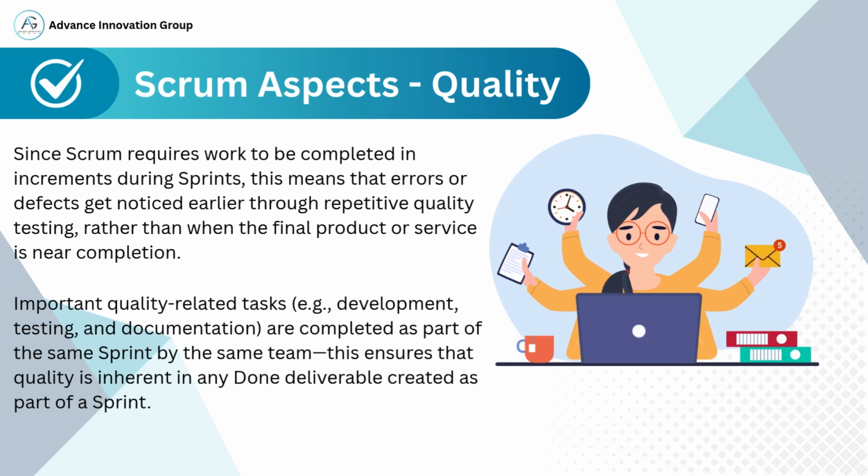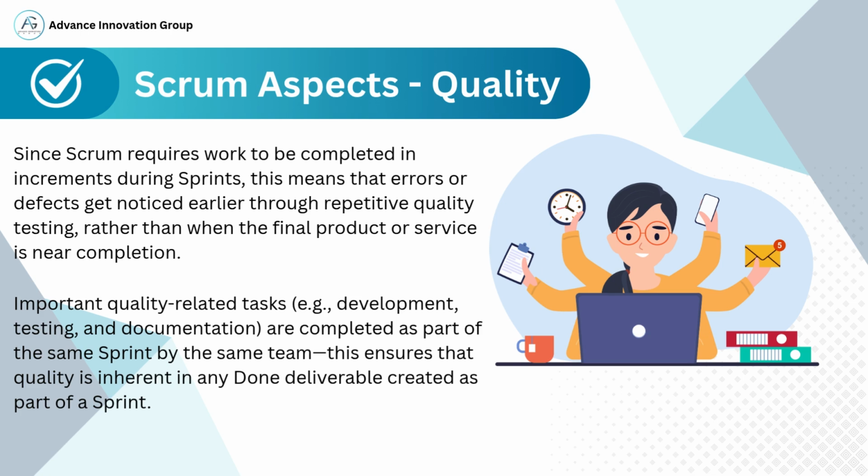In Scrum, since the work is completed in small, manageable increments during each sprint, defects and errors are identified early, not at the end when it's often too late or costly to fix. This early detection is made possible by repetitive testing and validation built into every sprint cycle.